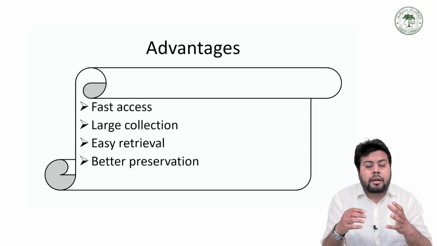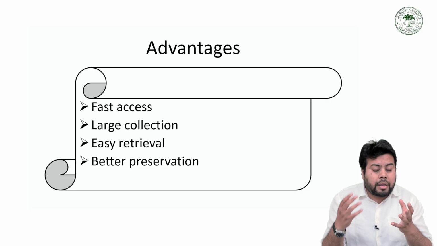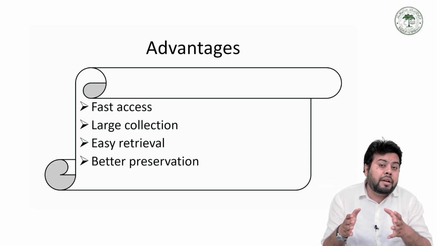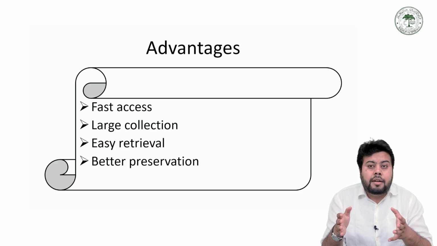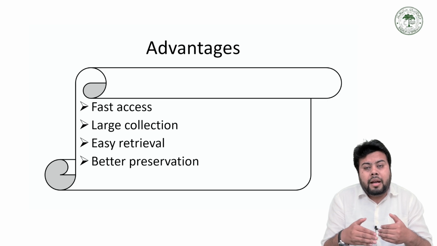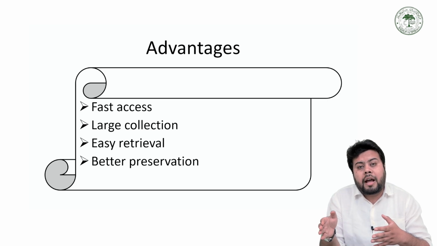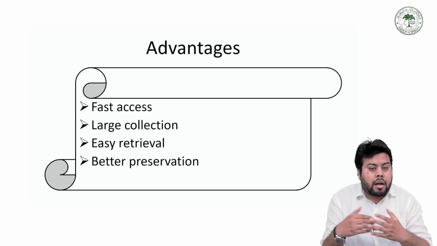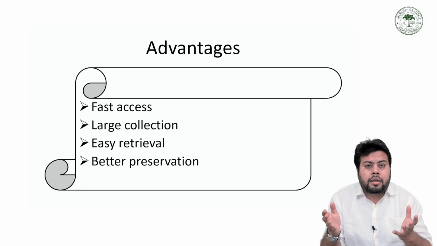Another advantage I can think of right now is that it supports interdisciplinary research, right? A person from one discipline can go to another discipline, have access to the files and texts of that discipline, and get the work done.